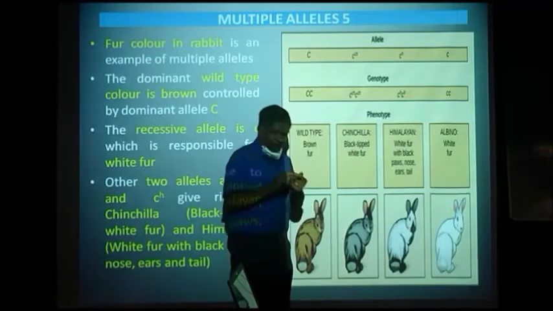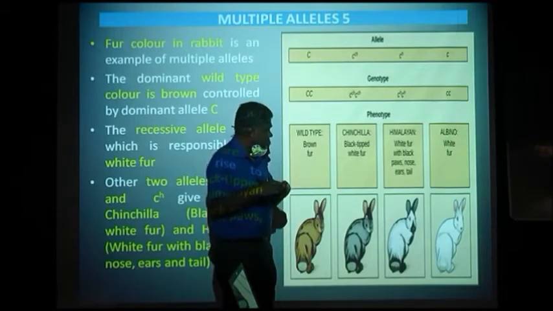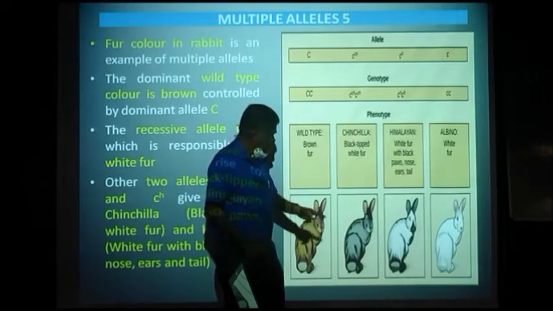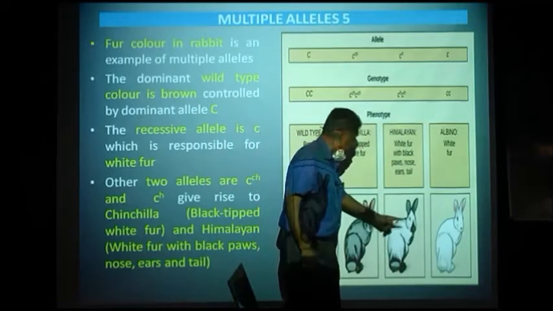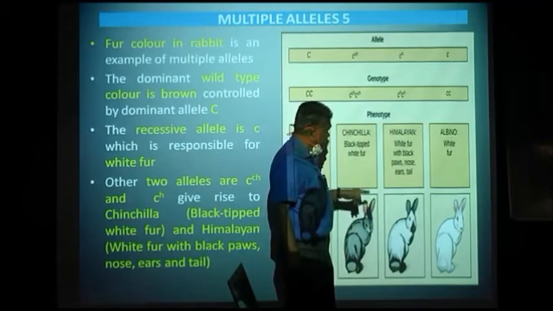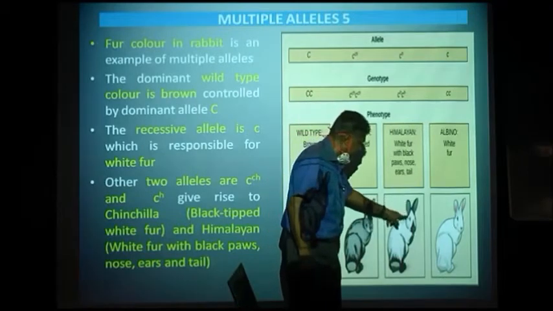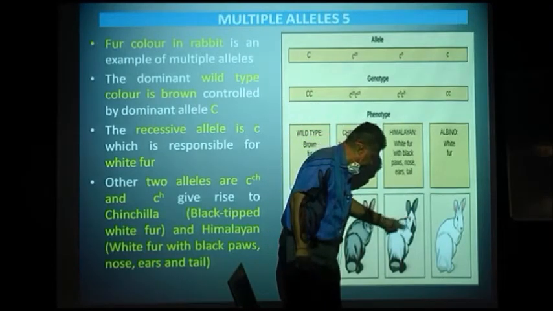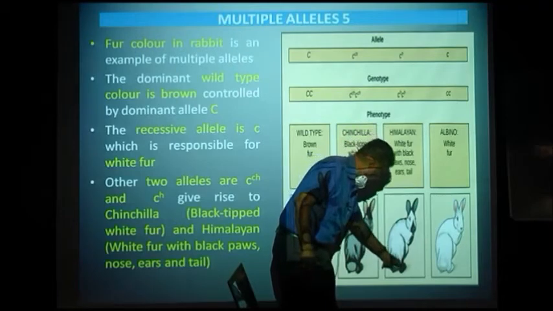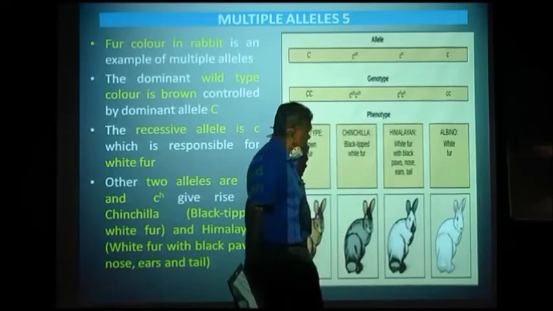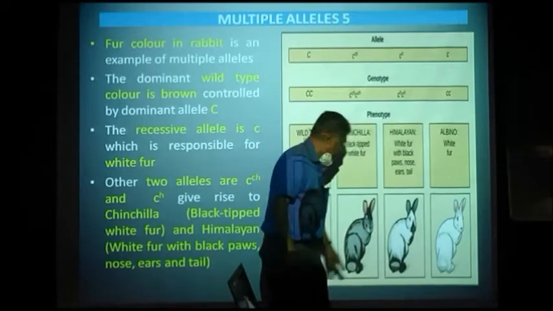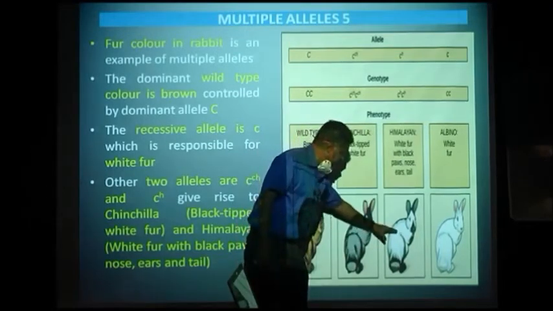The tips of the fur are black, whereas the main fur is white. In Himalayan, the furs are white. What we get? Black ears, black nose, black paws, and black tail. And these 2 are mutant conditions.